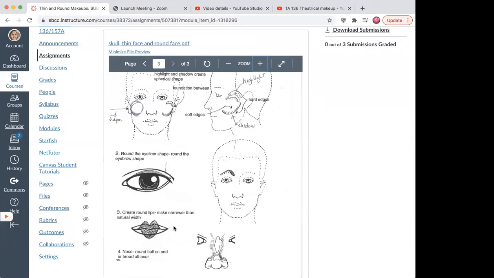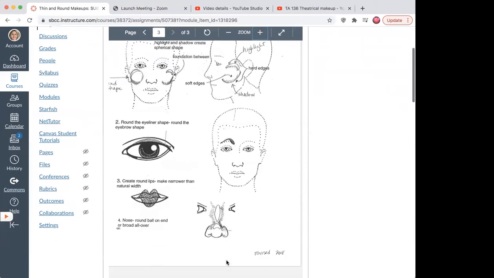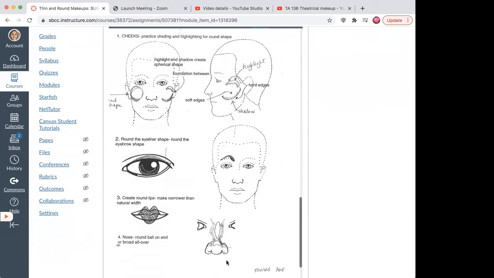Rounder lips: foundation the whole lips, shorten them, make them fatter. Then create a rounder nose with a highlight that is slightly oval on the bridge and a round ball at the end, and round flared nostrils. Then you'll end up with a better round face. This gives you a one-page step-by-step of doing your round face, in addition to the demo we had last week.